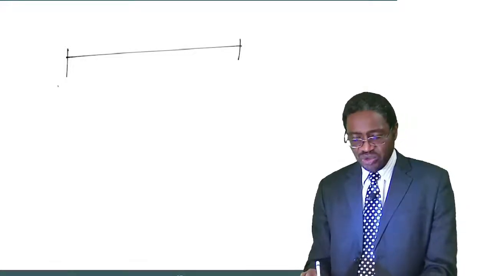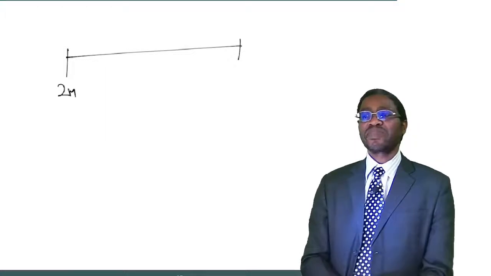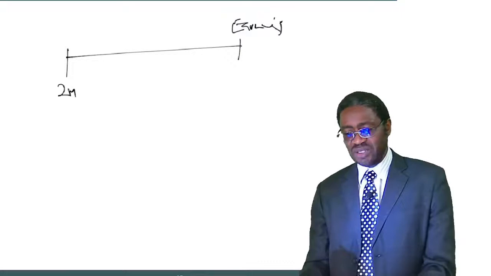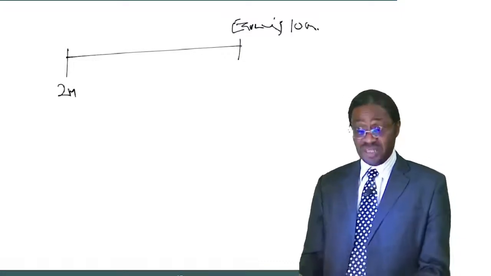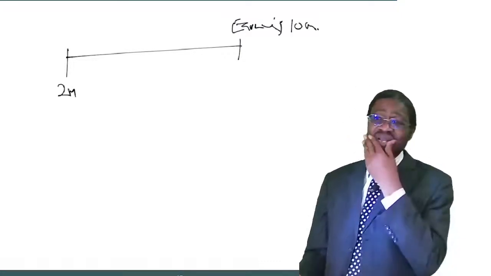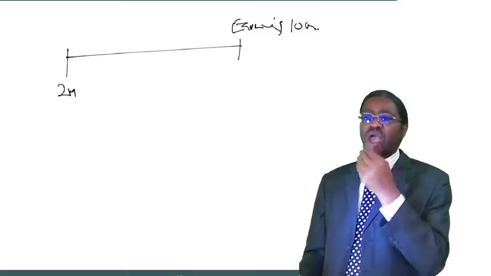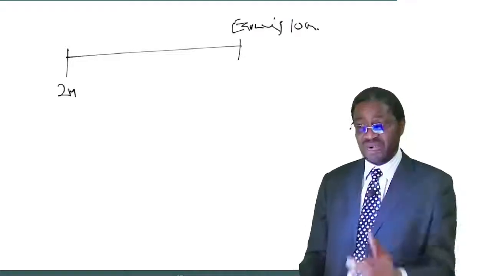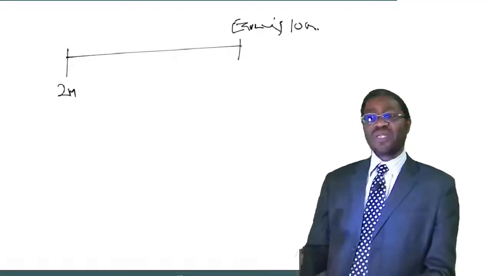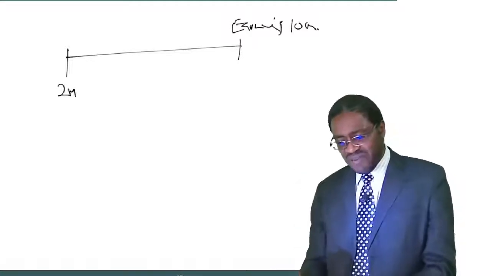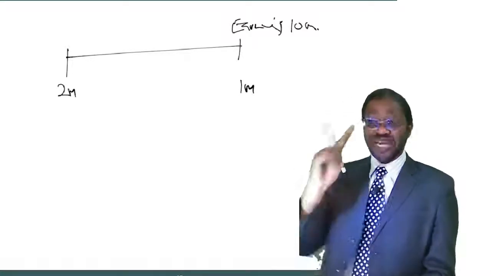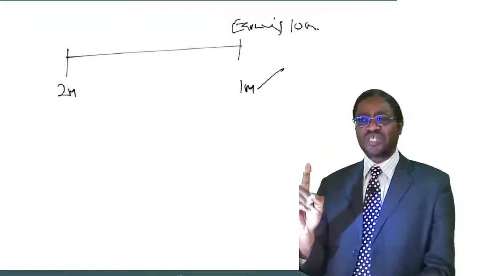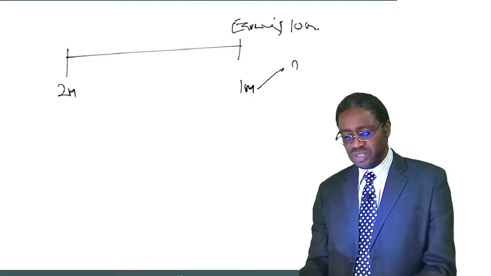Your company had 2 million shares by the beginning. End of the year, the earnings are 10 million. We have promised our employees or our managers that we can give them 1 million shares. We shall give them 1 million shares if the market price of our company shares goes to 20 shillings.